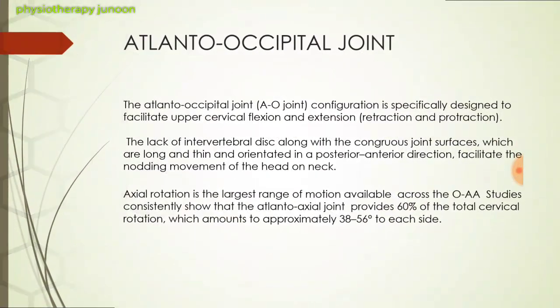Here you see that the atlanto-occipital joint configuration is specifically designed to facilitate upper cervical flexion and extension. We can say the retraction and the protraction of the cervical spine. The lack of an intervertebral disc, along with the congruent joint surfaces, which are long and thin and oriented in a posterior-anterior direction, facilitates the nodding movement of the head or neck.